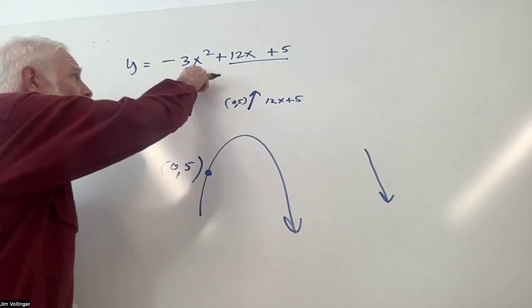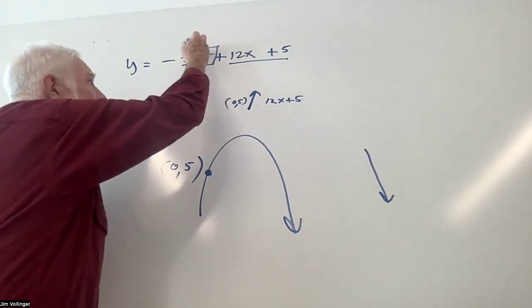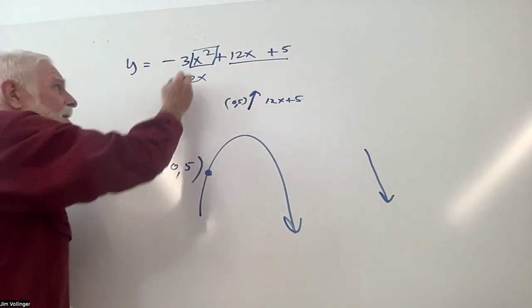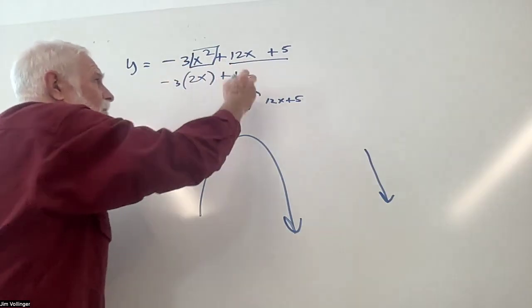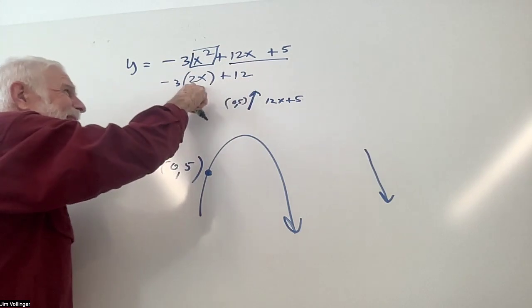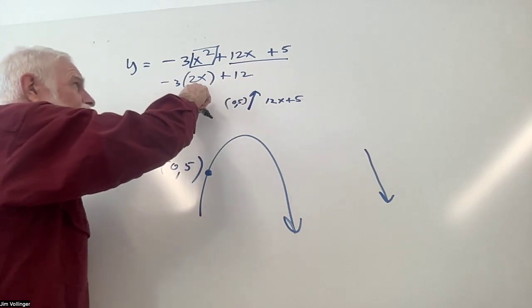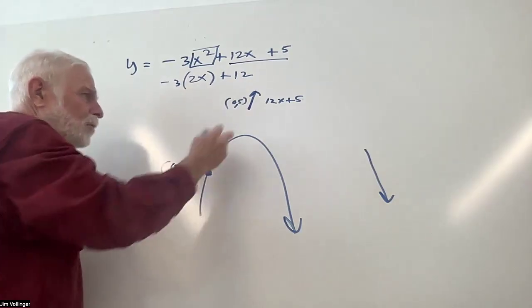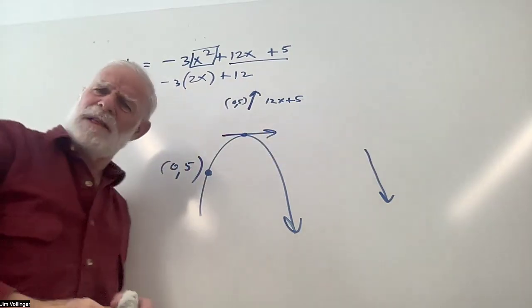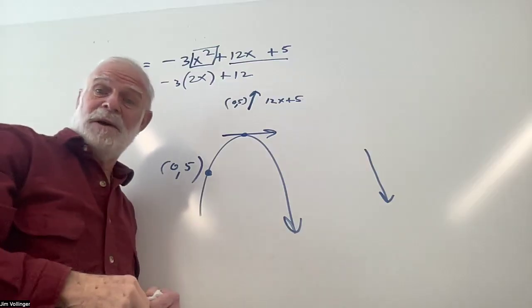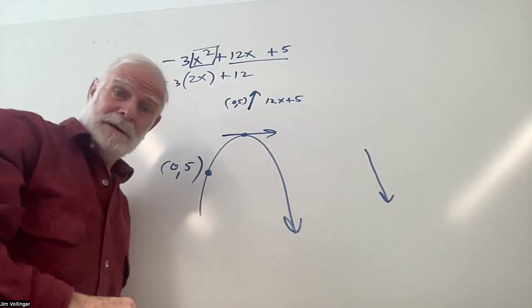And I know that x squared, this, changes by 2x. And if I multiply it by -3 and I add 12, then that's the tangent line when I plug in 0 to this location. I think I said that pretty awkwardly, which is why I like repetition, because the next time I talk about this, I hope I do a better job.